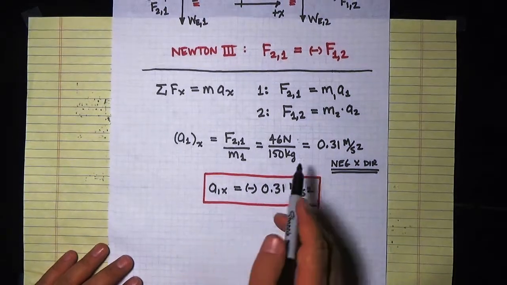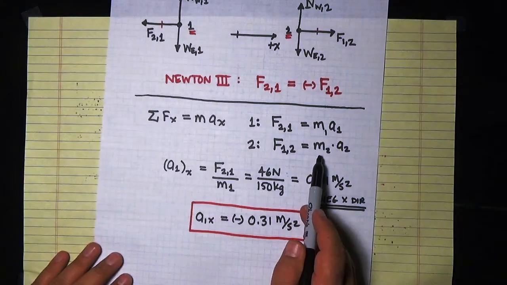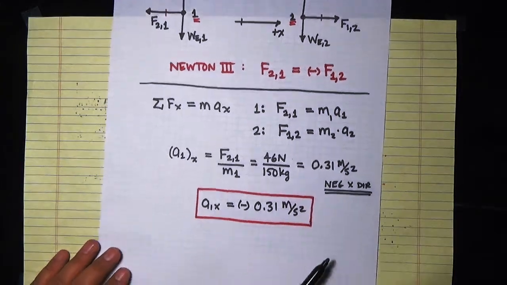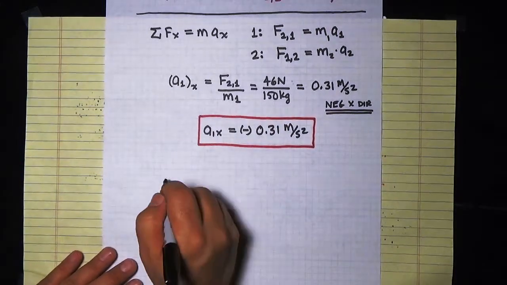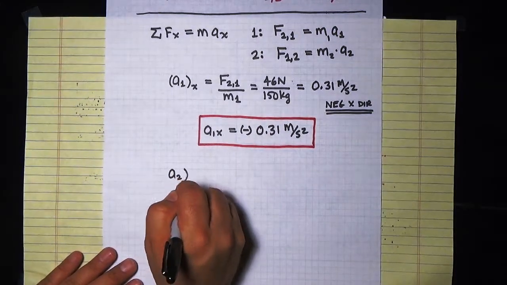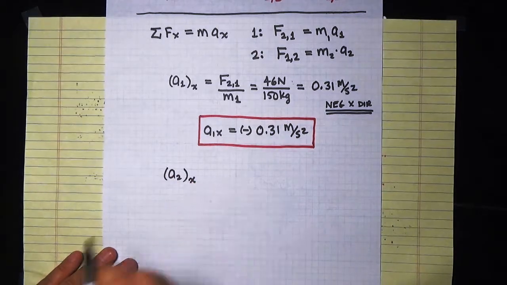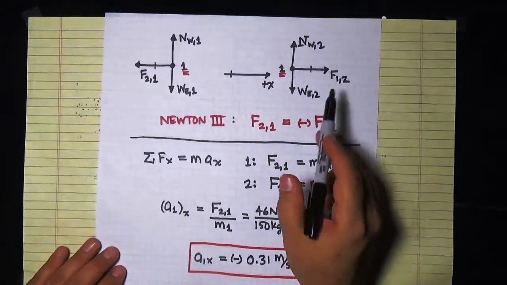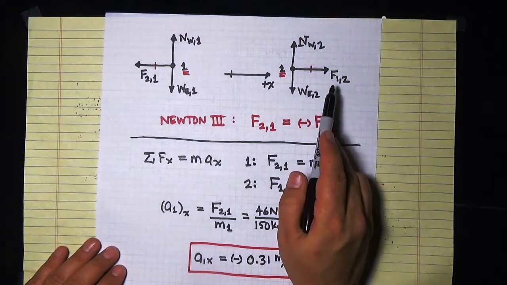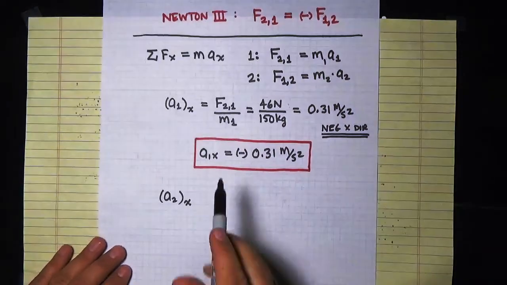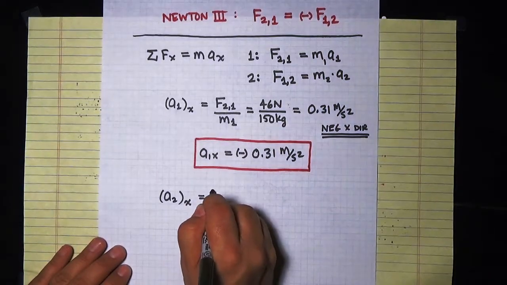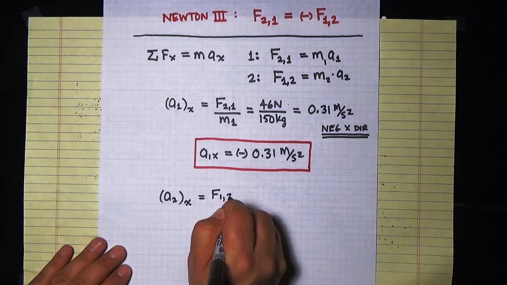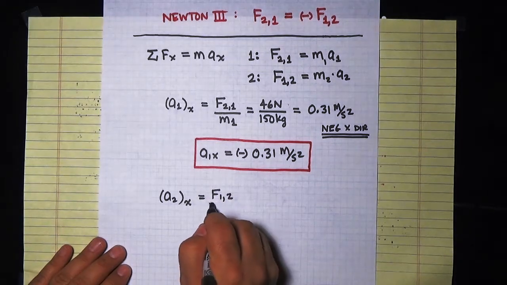Okay, so similarly, if I go back to my Newton's second law for canoe 2, I can solve that for the acceleration that canoe 2 experiences in the x direction. That is going to be in the positive x direction, because that's the direction that the force in the x direction points. So this is the force that canoe 1 experiences from canoe 2.